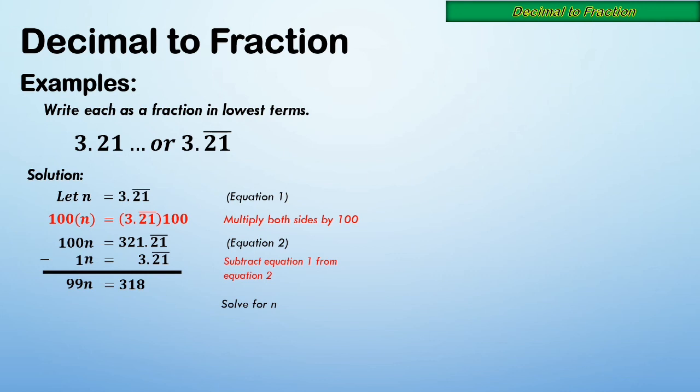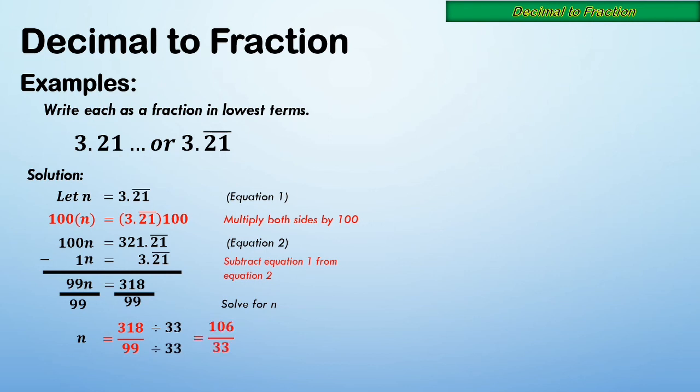Okay, after that, we need to solve for N. Ano yung katabi ni N? Good, 99. Kaya i-divide natin siya ng 99. Sa kabila naman, divide ng 99. 99 divided 99 is 1. Then you will have N. 318 divided by 99. You will have that one, or 318 over 99. Then find the greatest common factor. Meron ba? 33.